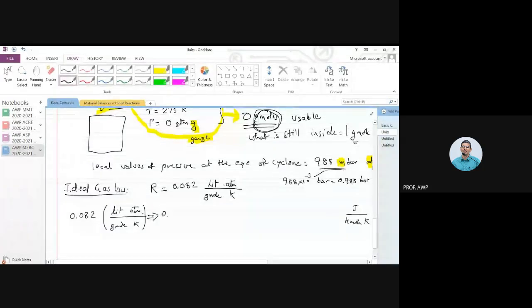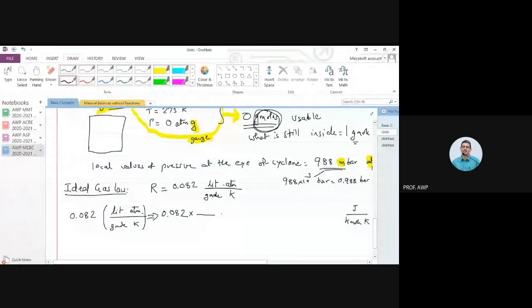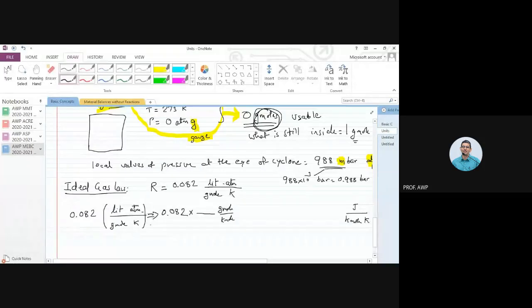I would need to multiply 0.082 by something. I would like to get rid of the gram mole in the denominator. I want kilomole in that place, so I need to multiply by a quantity with units of gram mole per kilomole. Kelvin I want to keep as such. Liters atmospheres, I don't want liters. Joules is nothing but Newton per meter square times meter cube. So I want meter cube in the numerator, liters in the denominator.